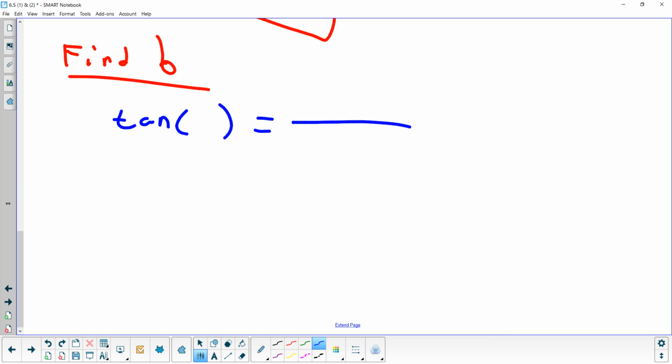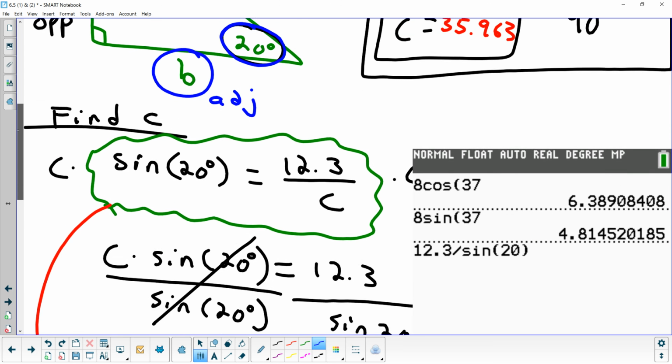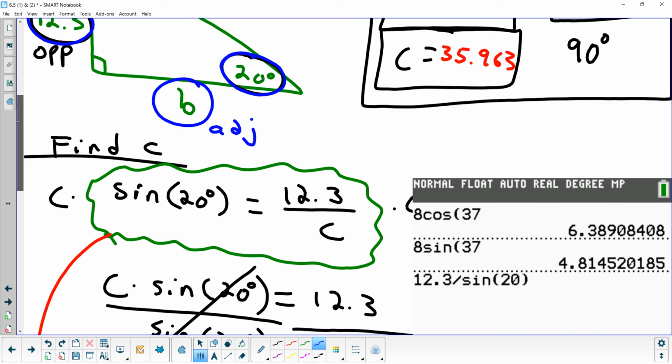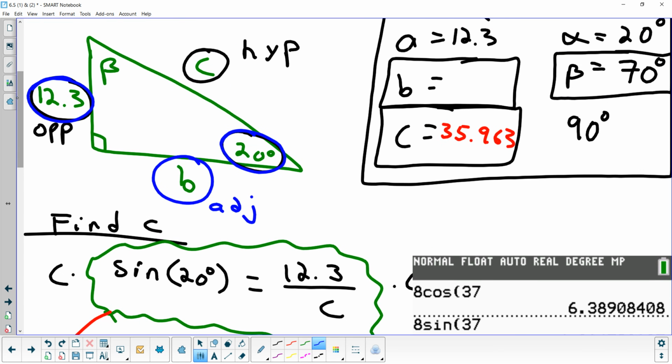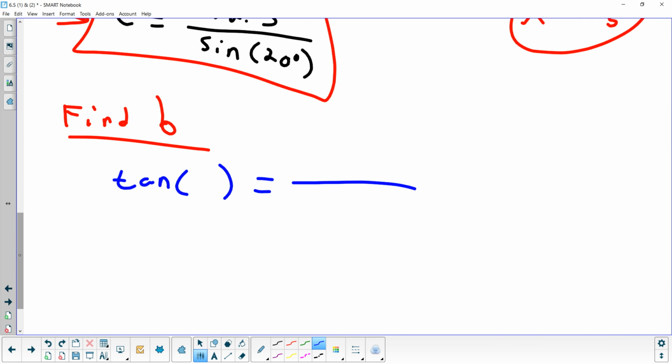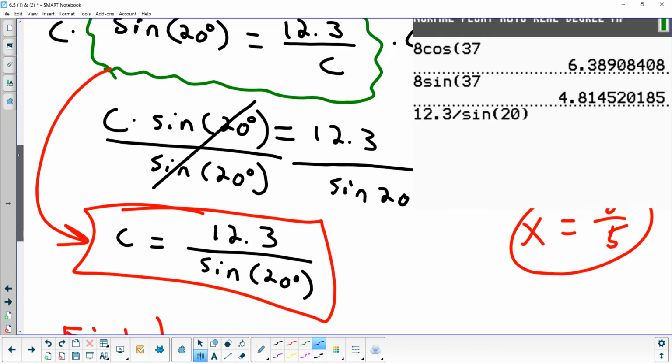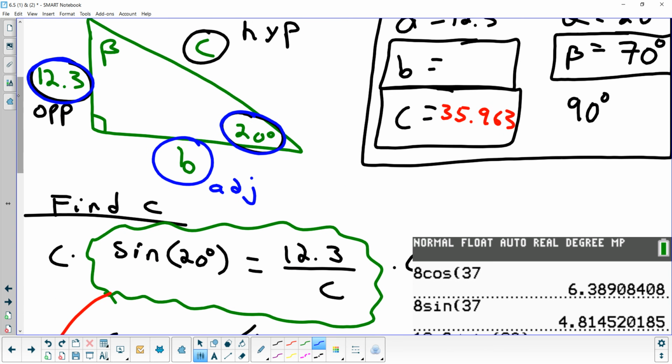Tangent of something equals something over something. Tangent of what? 20. Equals. What over what? Opposite over adjacent. So 12.3 over B.